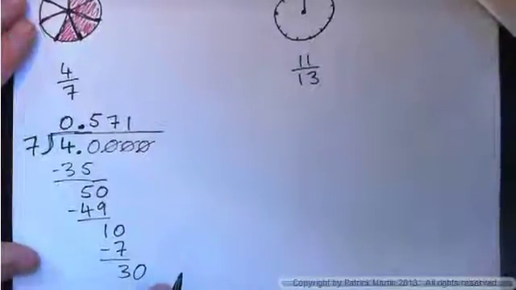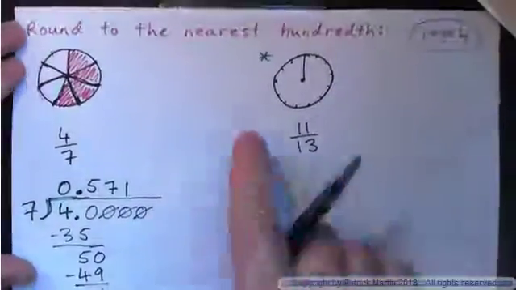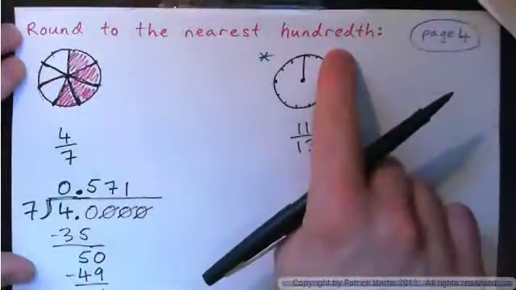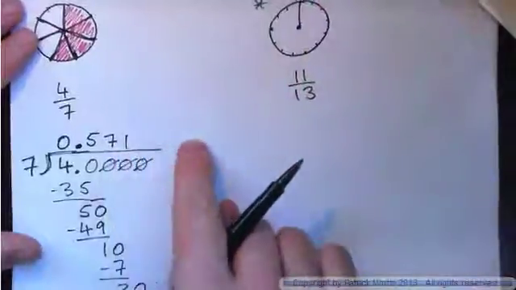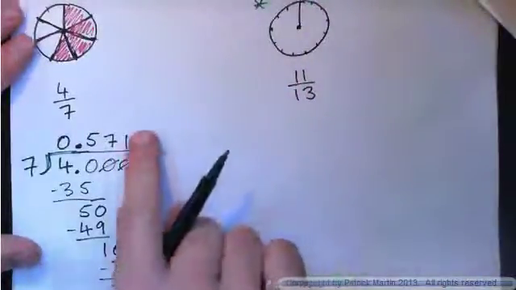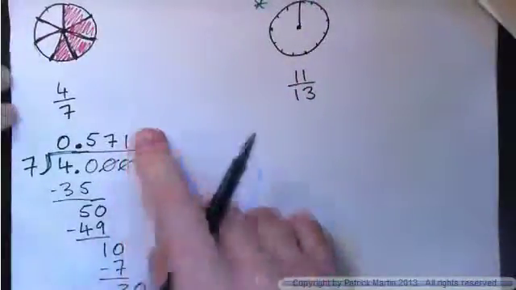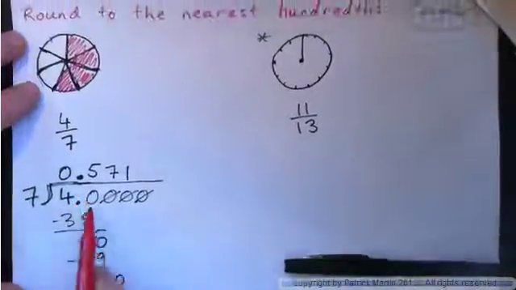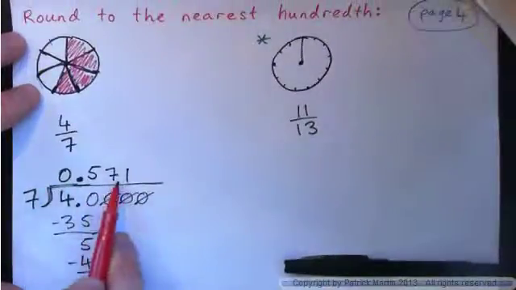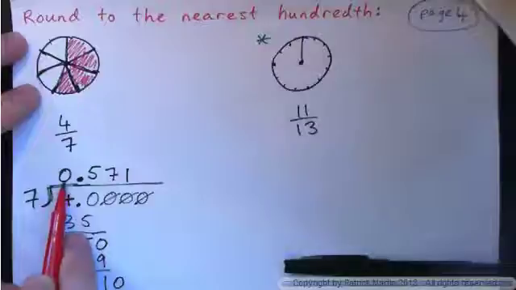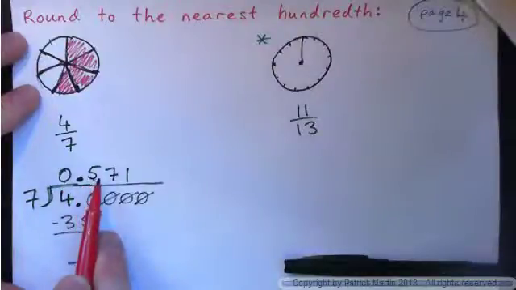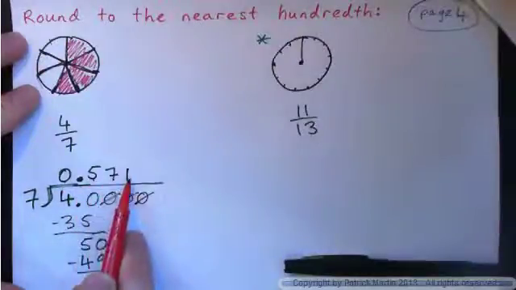What were the instructions? Round to the nearest what? Round to the nearest hundredth. So do I have to keep going on forever? I could if I wanted to, but I could actually stop here, couldn't I? Because which digit is the hundredths digit in this answer? You've got ones, tenths, hundredths, thousandths, right?